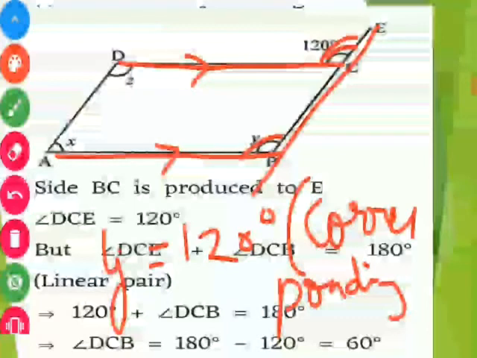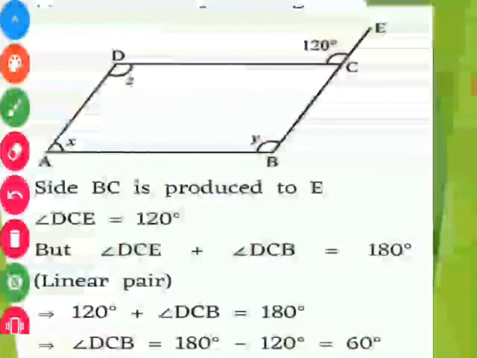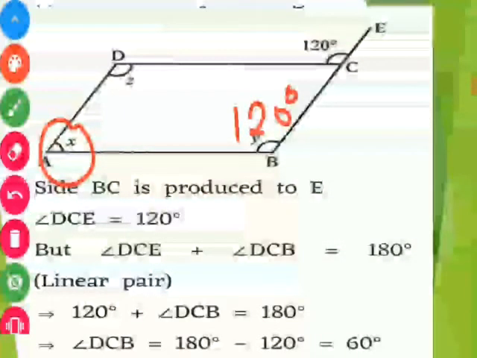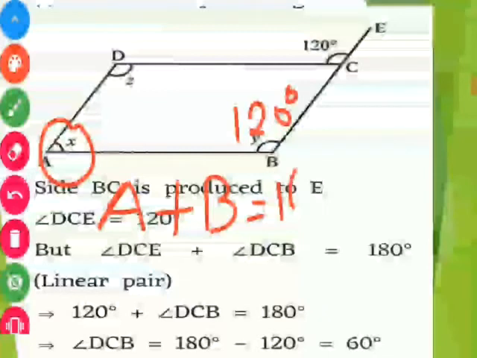Now let's calculate the remaining angles. As you know, in a parallelogram, two adjacent angles are supplementary. This angle is 120 degree. So the sum of angle A and angle B will be equals to 180 degree.